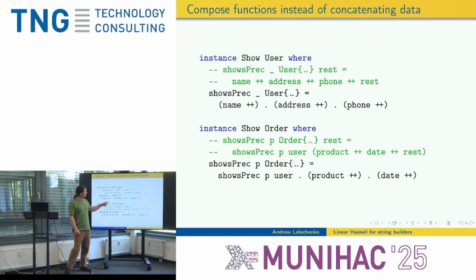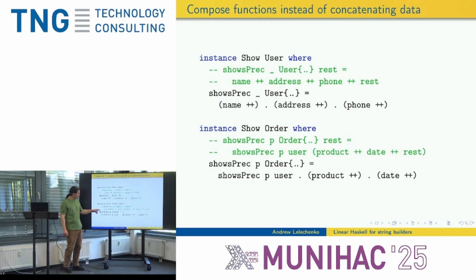Right, so now I'm basically talking about functions. This is supposed to be a function from String to String. And I say that this function from String to String is defined as a composition of three functions. One of them is please add phone, another please add address, and this one please add name.